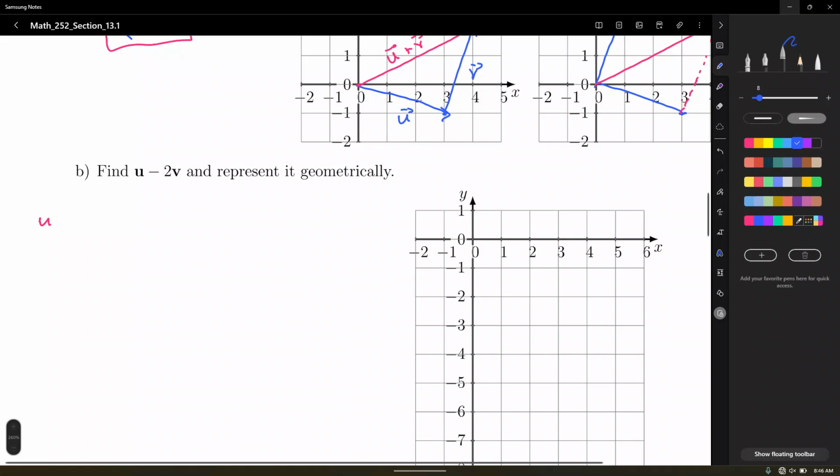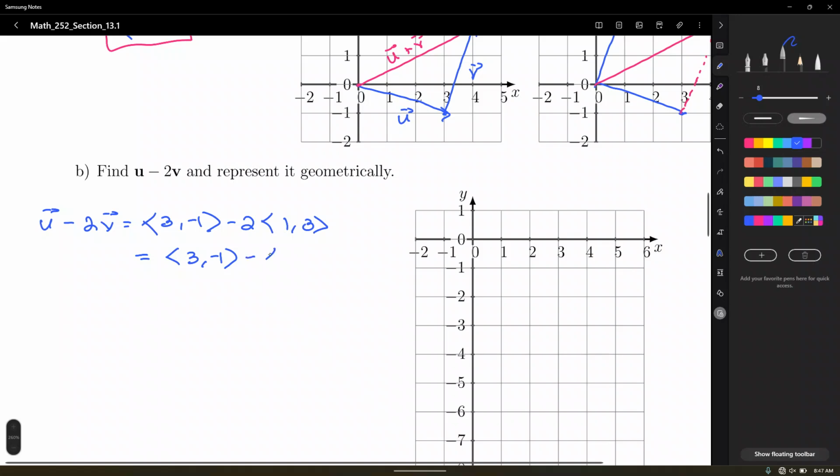So u minus 2v equals 3, -1 minus 2 times the vector 1, 3. So that's still 3, -1. And let me distribute the 2 here.